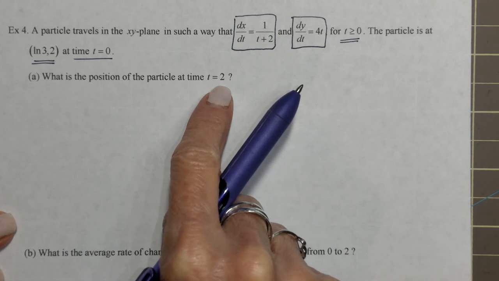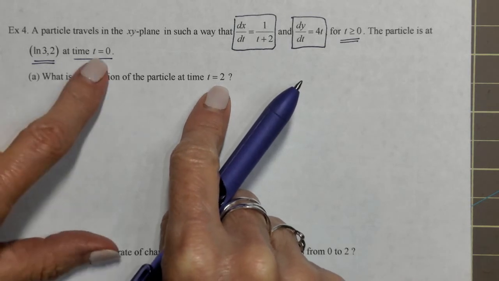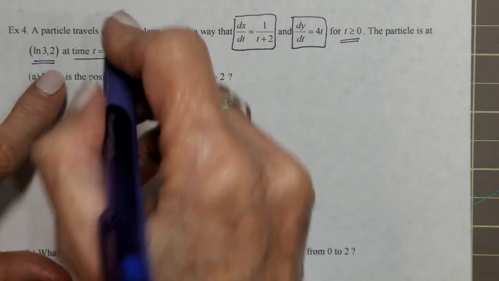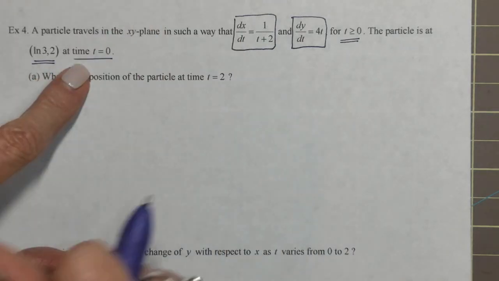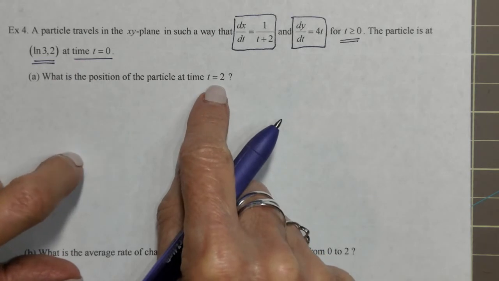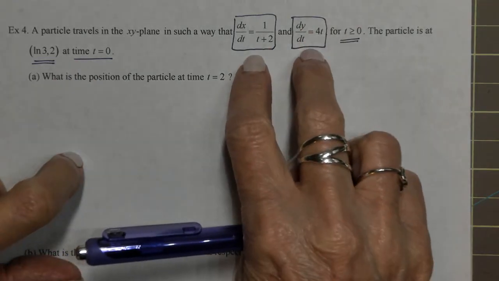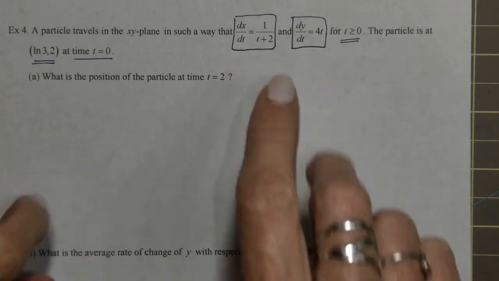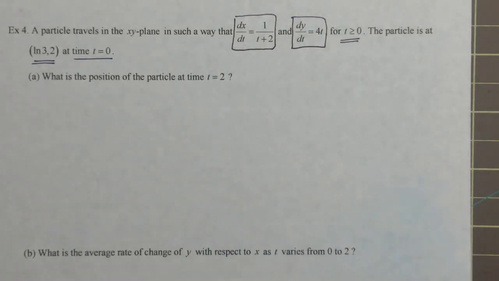Well, if I have the position at time 0, that's my initial condition, my initial point. If I have the point at time 0, I can get the point at any other time if I know the velocity, and I do. So I can get this using the fundamental theorem.